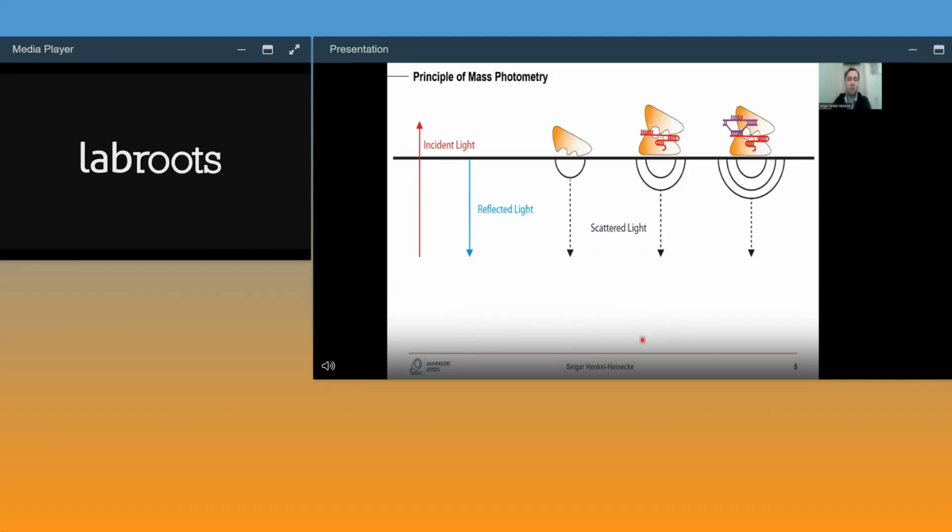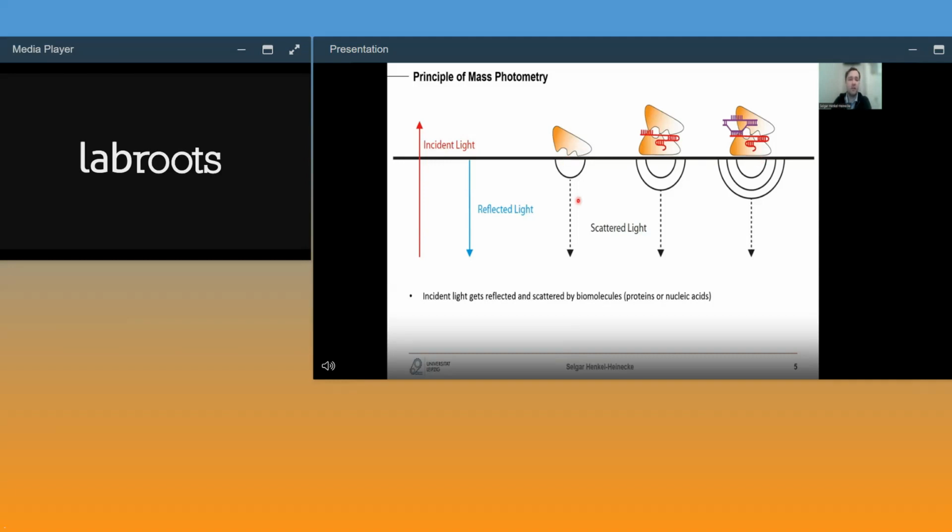For those of you who have just heard of mass photometry, I will quickly explain how it works. We have incident light, which is shined onto the sample here, and then we have reflected light from the bare glass surface, and we have scattered light from the biomolecules.